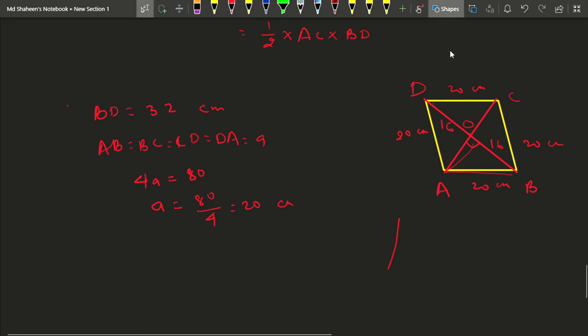If you have a right angle triangle, what do you mean by a right angle triangle? A right angle triangle is one in which one angle is 90 degrees. We call that a right angle triangle.